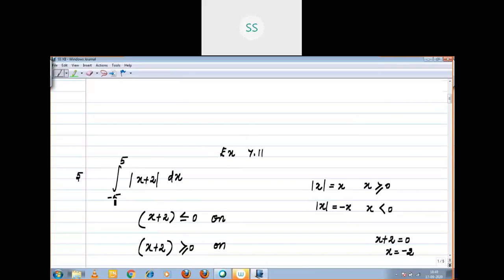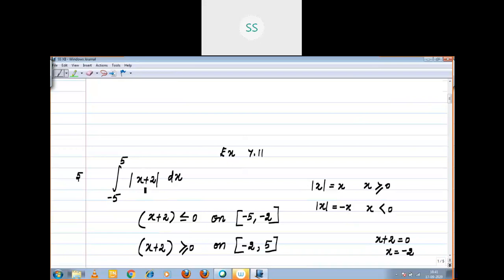How to write the interval using the breaking point? You see, the closed interval minus 5 comma minus 2. Up to this, the function is negative. After that, the function is positive. Got it, children?